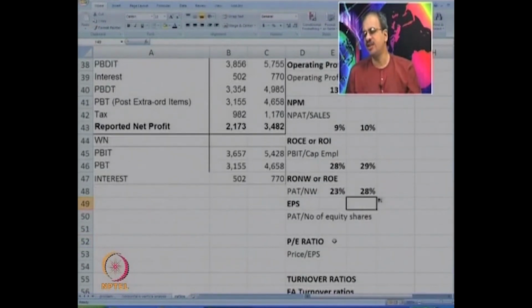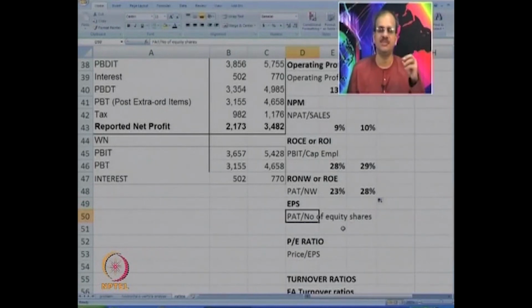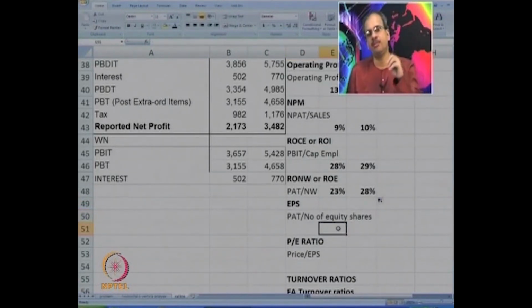Now, the last ratio in this category, that is return, is EPS, earning per share. The formula is also given, you can see here, it is PAT divided by number of equity shares. So, how will you calculate the number of equity shares?